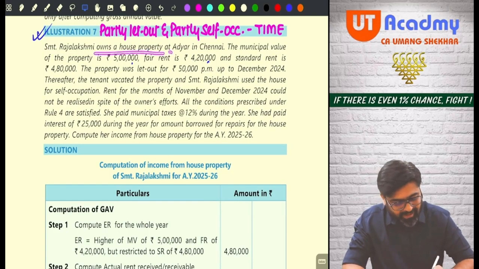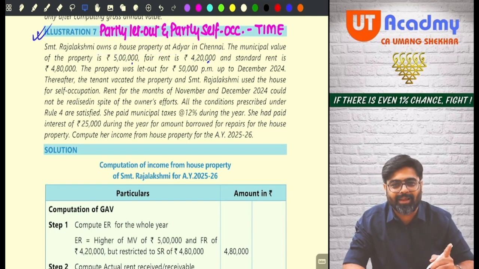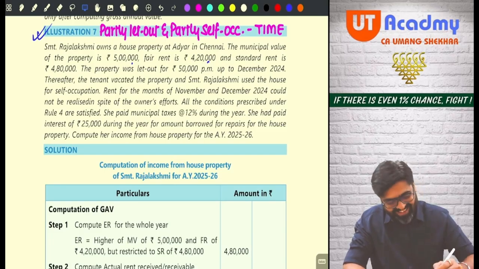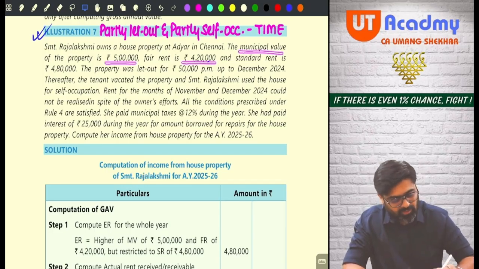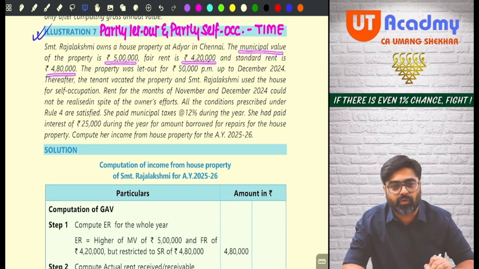She owns a house property at Adyar, Chennai. So you are having a house property in Adyar? Okay. The municipal value is 5 lakh rupees. Fair rent is 4 lakh 20 and standard rent is 480.